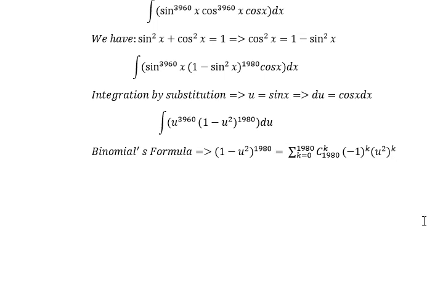So now we input this one in this equation.